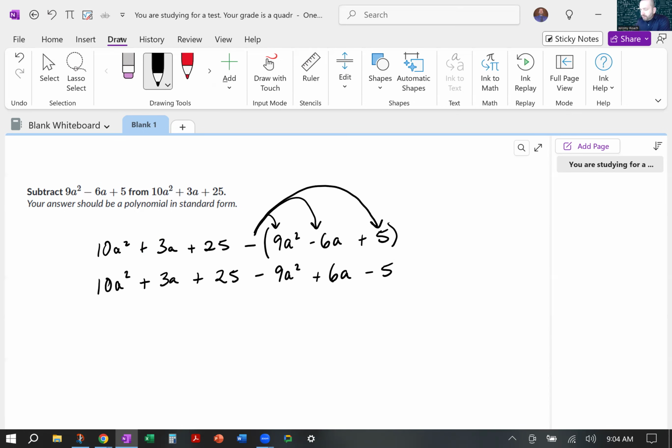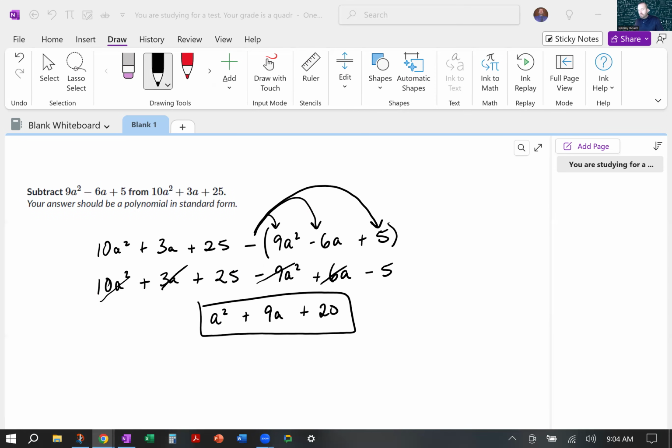Now we're just going to combine like terms. 10a squared minus 9a squared is a squared. And I like to cross these off as I go. 3a plus 6a is 9a. Cross those out. And 25 minus 5 is 20. And so that's our final answer for that one. I'm just going to type it into Khan Academy, and we'll make sure we got the right answer here.